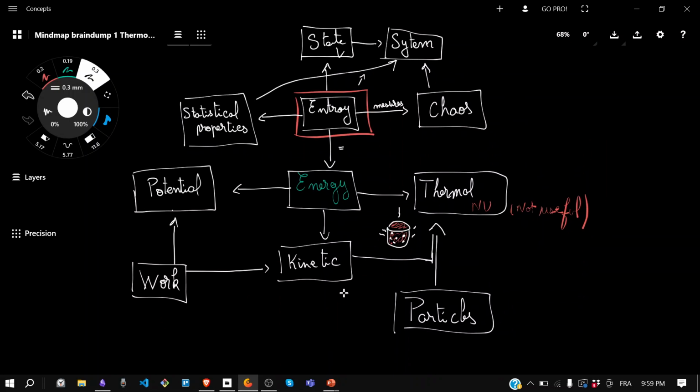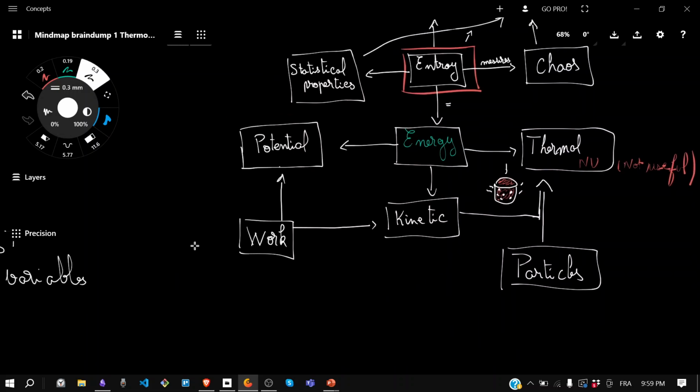Basically, if work can be done, then it's useful, so we can call it U. Work means useful energy. So when we do work, we go from U all the way to not U, usually, in a thermodynamic process.